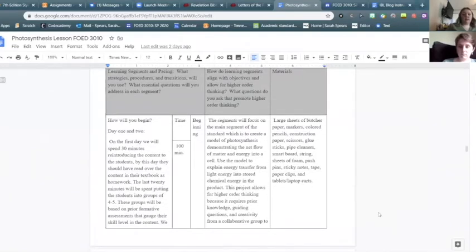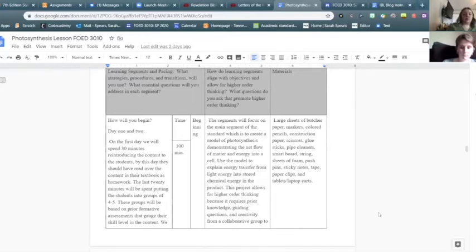How do the learning segments align with objectives and allow for higher order thinking? So we're going to be asking questions that address their higher order thinking to bring in our computational thinking standards that we're trying to put in place.